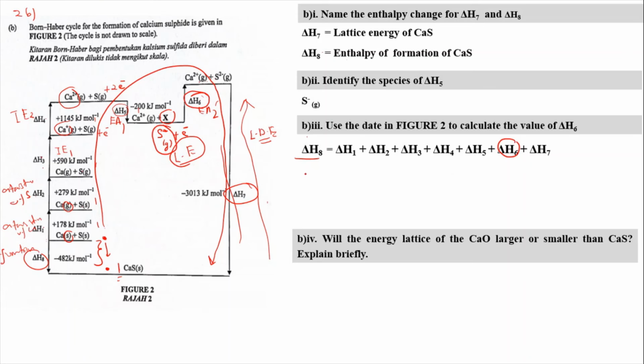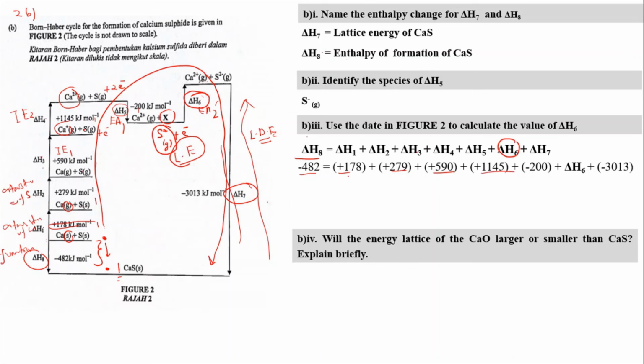So delta H8 is equal to negative 482. H1 is positive 178. And then H2 here is positive 279. Delta H3 here is going to be plus 590. Delta H4 is 1145.